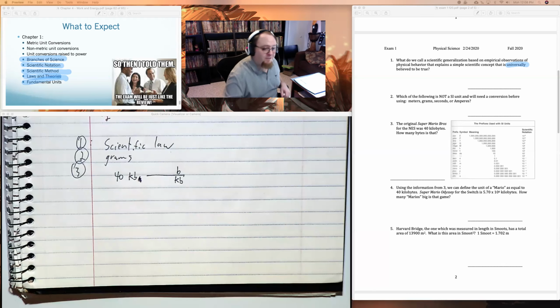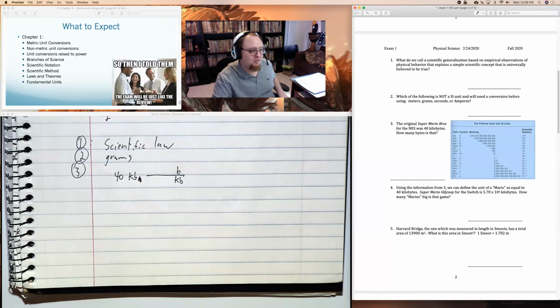So what I need is the conversion between kilobytes and bytes. Now this is metric. When doing metric, I won't necessarily tell you how many kilobytes are in a byte, but I'll tell you how many base units are in a kilo. If I look at this right here, I have K, 1000, 10 to the third.